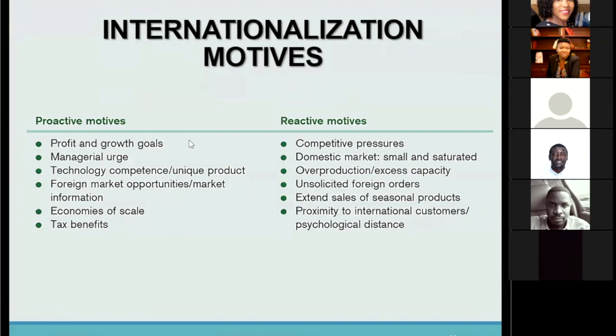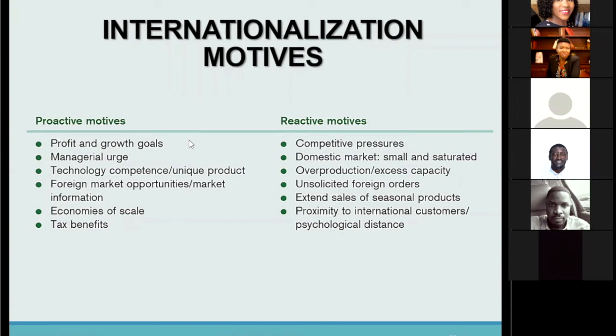Remember, we talked about the fact that one of the main restraining forces was the management myopia. However, if the management is not nearsighted and they can see the future and they spot an opportunity that they believe they need to take advantage of as soon as possible, it will constitute a proactive measure for them to internationalize. Others will also take advantage of technology competencies and unique products that they have that they believe they can sell in foreign markets to be able to achieve profit and growth.